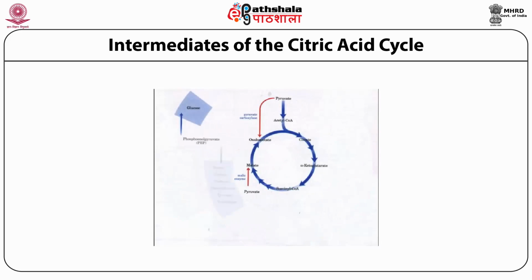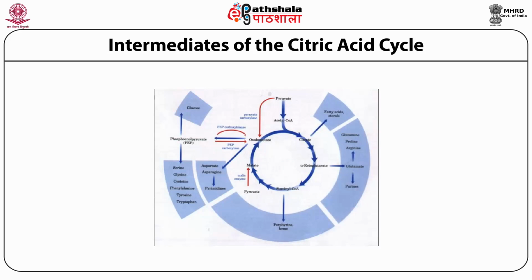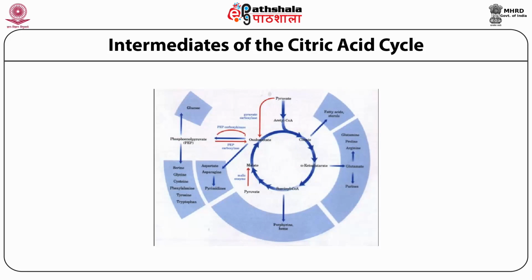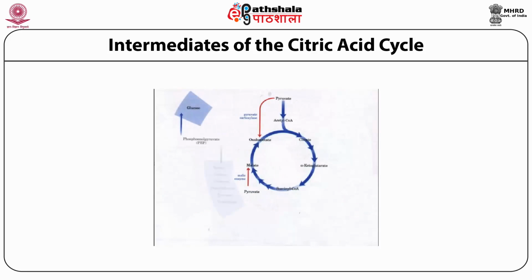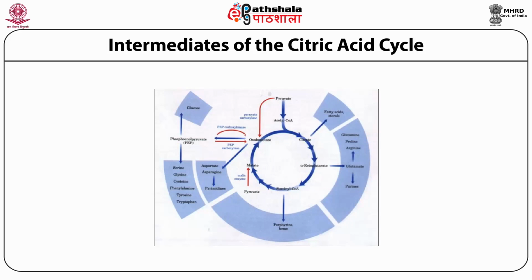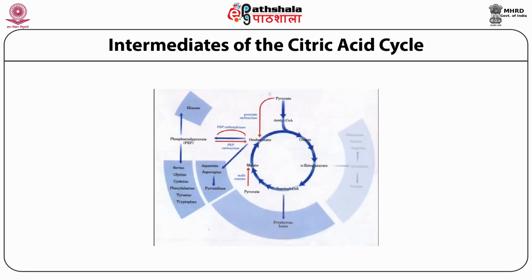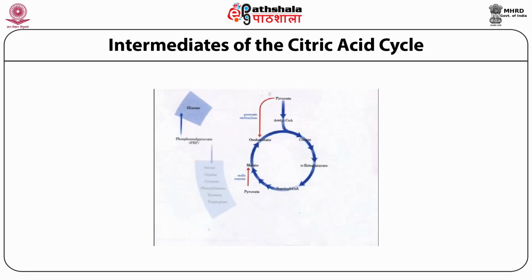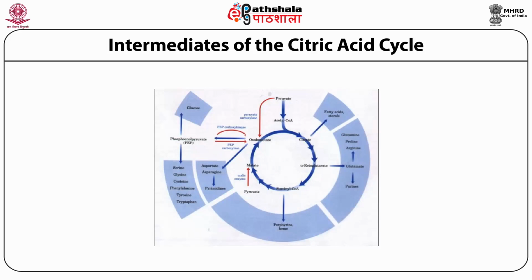Intermediates of the citric acid cycle are drawn off as precursors in many biosynthetic pathways, yielding the products in the shaded area. Shown in red are four anaplerotic reactions that replenish depleted intermediates of the citric acid cycle.